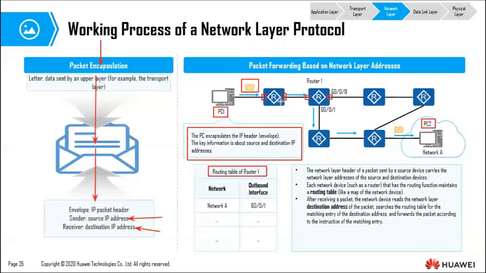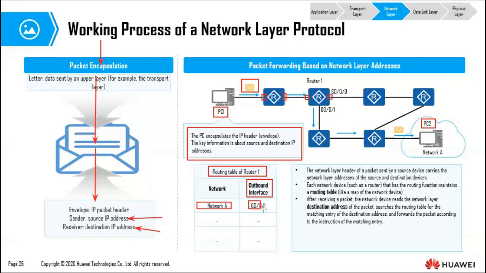Do I know this destination network? If it knows the destination network, for example, network A, I've found it, I have it in my routing table. Then it's going to look at the other field of the routing table, which is the outbound interface.